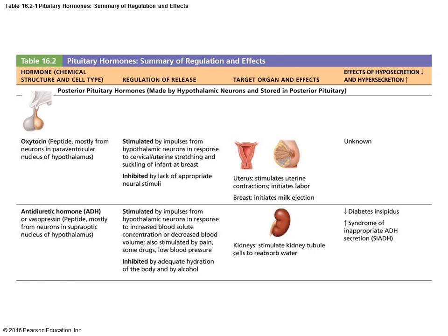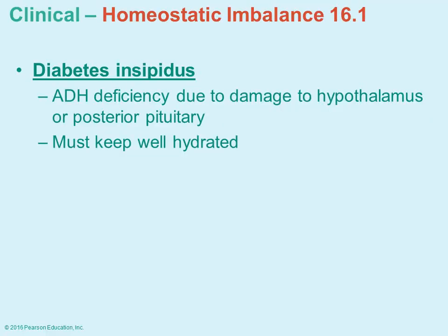It's a chart similar to this that I would certainly recommend that you put together just to help you, because you're going to have to be familiar with what hormones are produced where, how they're stimulated, what the target cell is, etc.